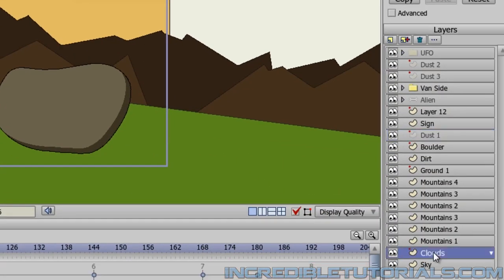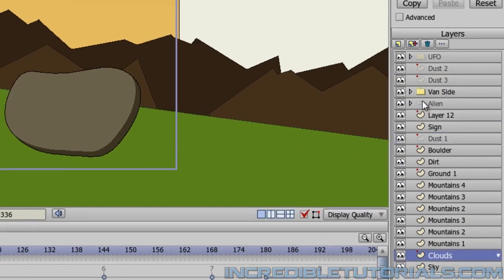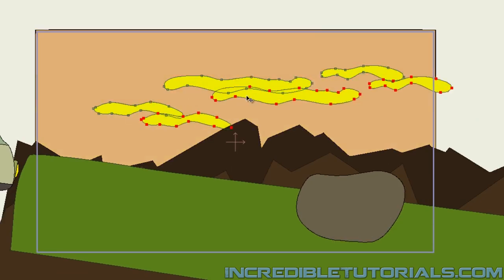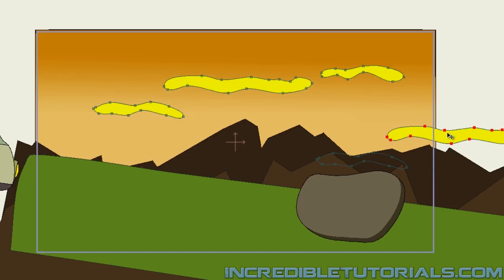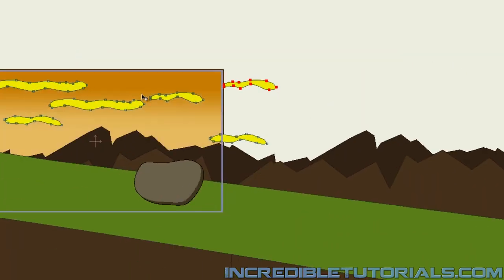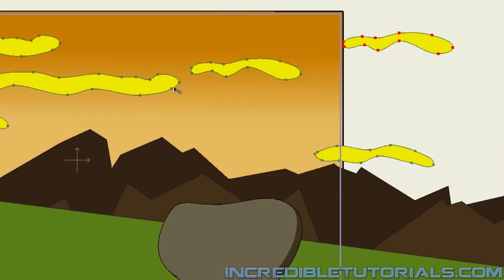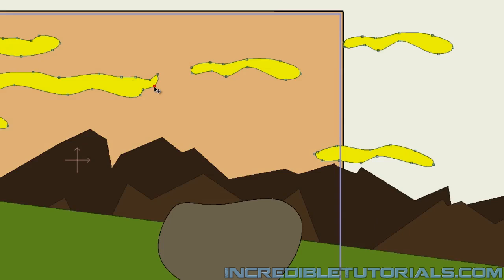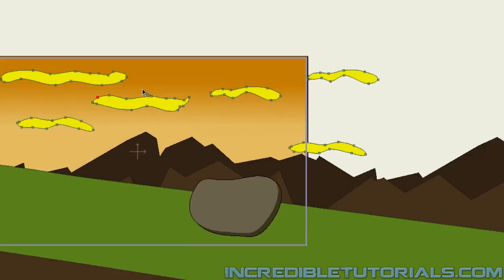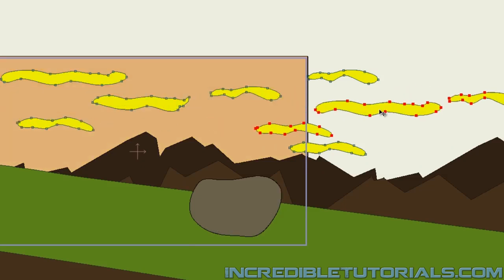To do this, we just click on that layer, highlight all those clouds, and edit and copy, and we can paste them around, adjust them, and move them around, just to give the illusion that there are more clouds in the sky than just the 3 we were showing. You can do this a few times to get your clouds populated in the sky.